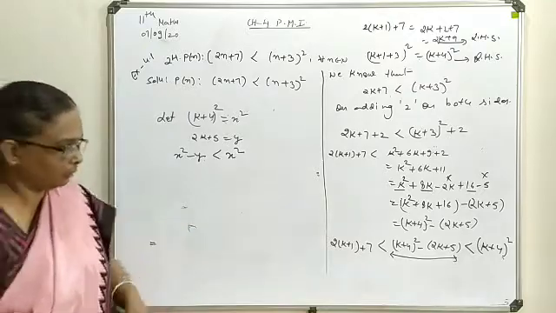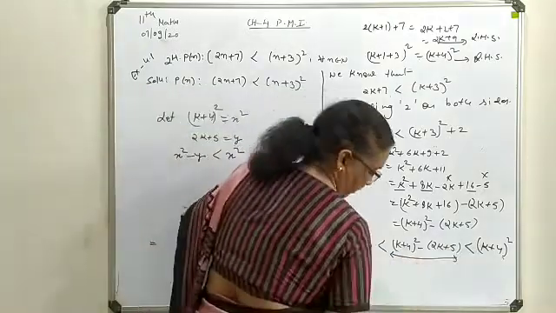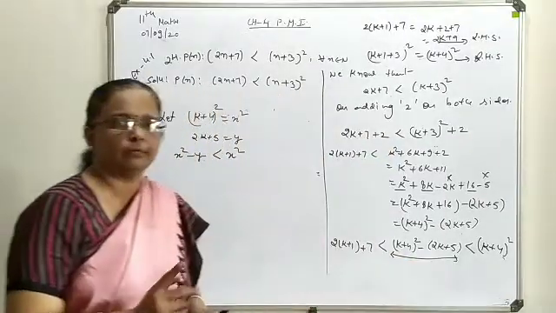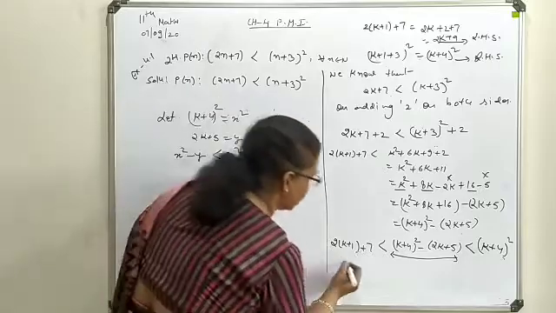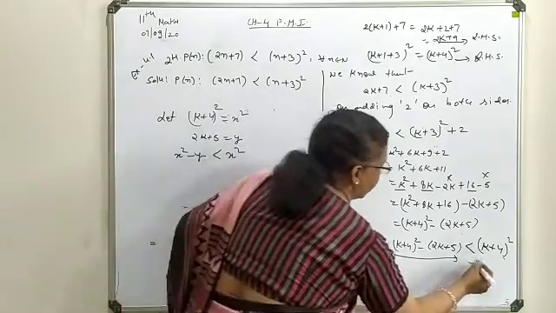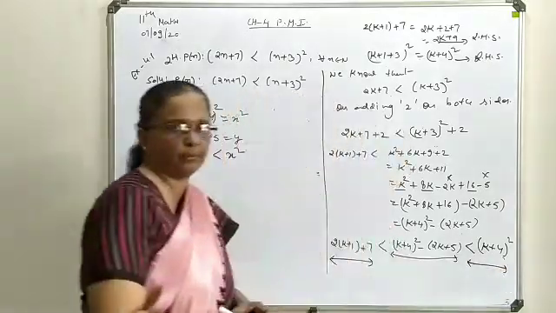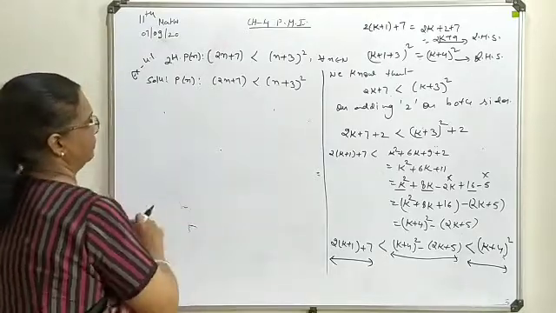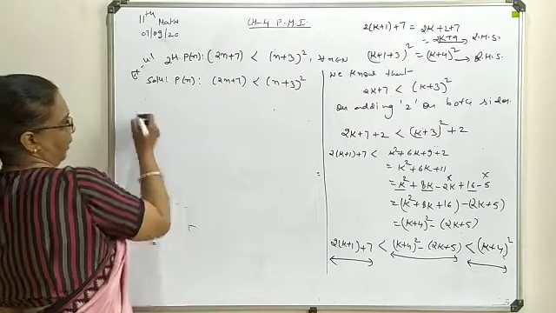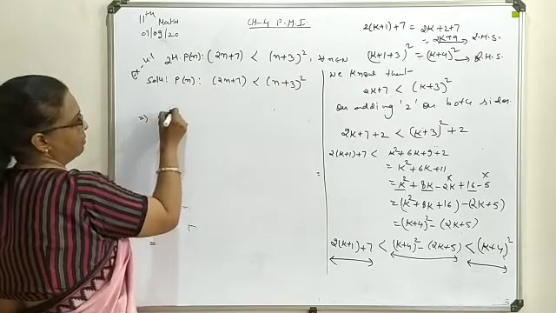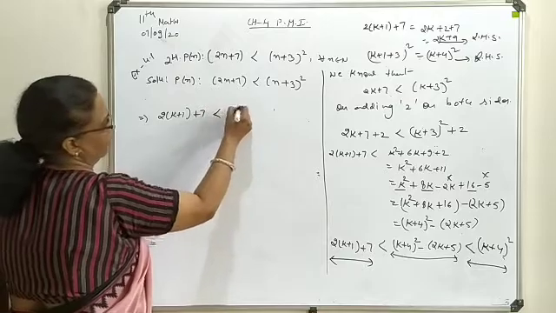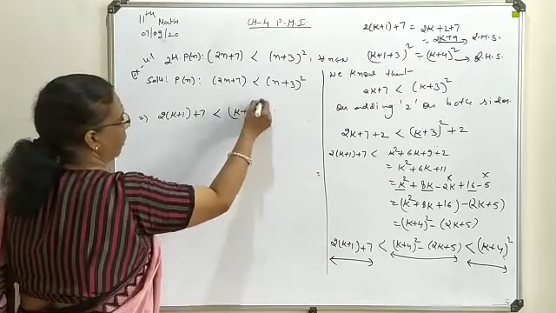Okay, so now if three expressions are related with two inequalities, any two you can combine, means first you can combine with the last inequality. So make them combined over here. So this will give you 2 k plus 1 plus 7 less than k plus 4 whole square.